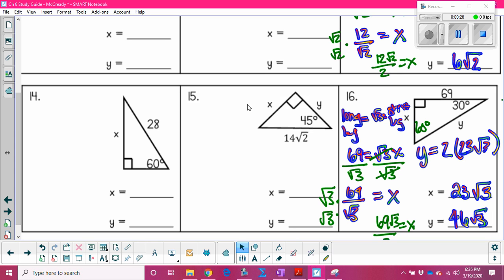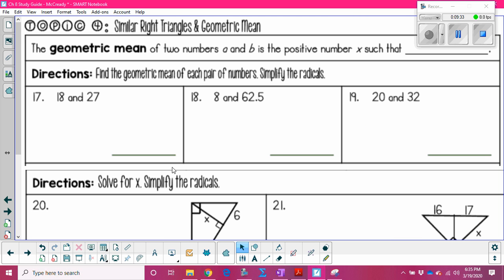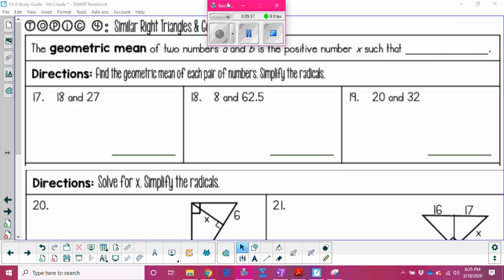Okay, so let's look at the similar right triangles and geometric mean section. Okay, so we know that the geometric mean of two numbers, a and b, is a positive number x such that x is equal to the square root of a times b. So all that means, for example, in number 17 here, is that x is equal to the square root of 18 times 27.